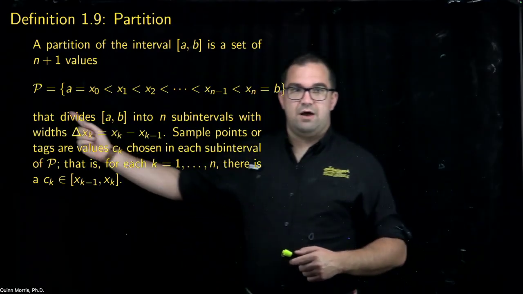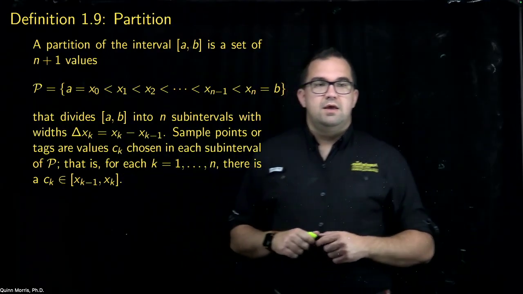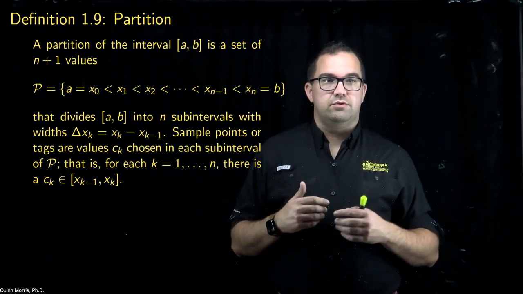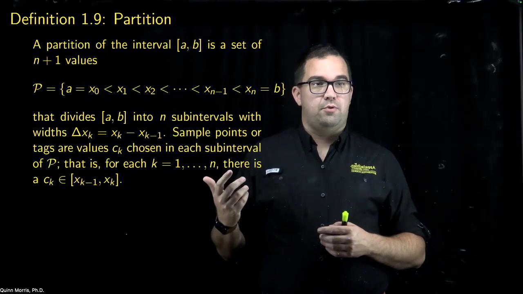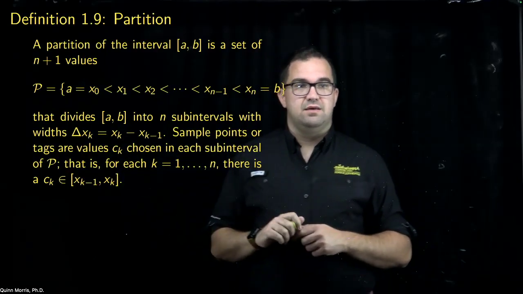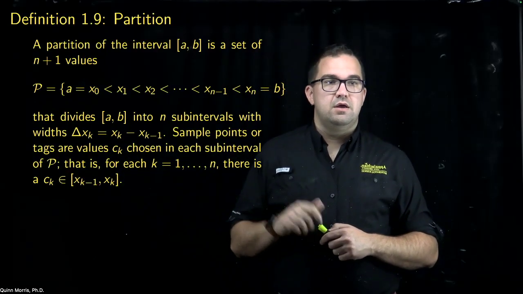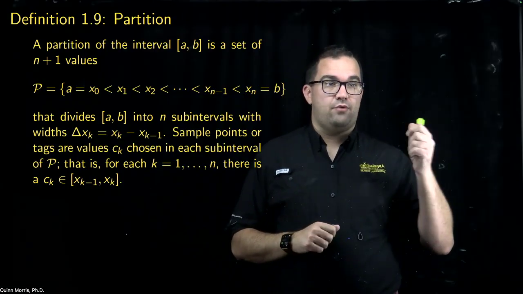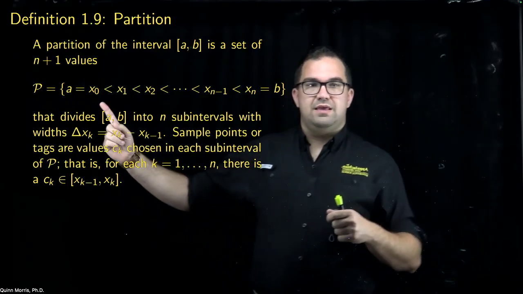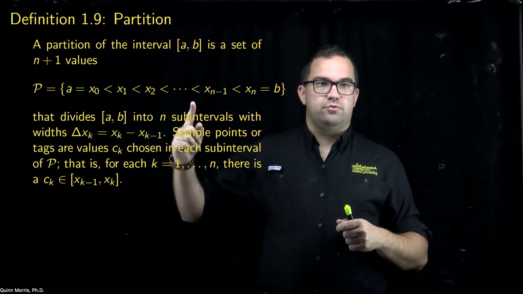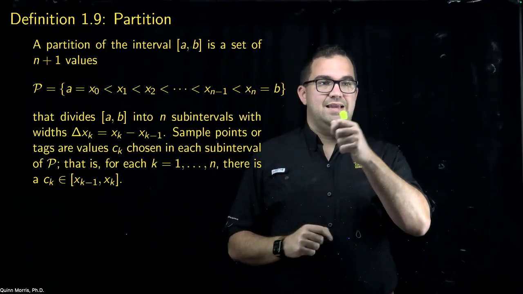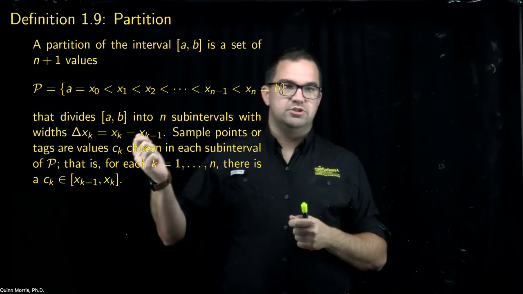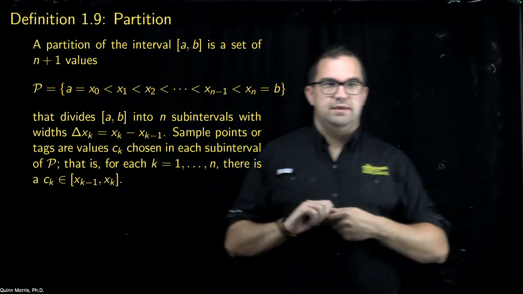I'm going to call this set of values P, and we'll call the values that are in P x sub i. So x sub 0, the first thing in your partition, must be A. It has to be the left-hand endpoint. The last thing in your partition, x sub n, has to be B, the right-hand endpoint. And then x sub 1, x sub 2, x sub 3, and so on, are just an increasing sequence of values between x sub 0, which is A, and x sub n, which is B.